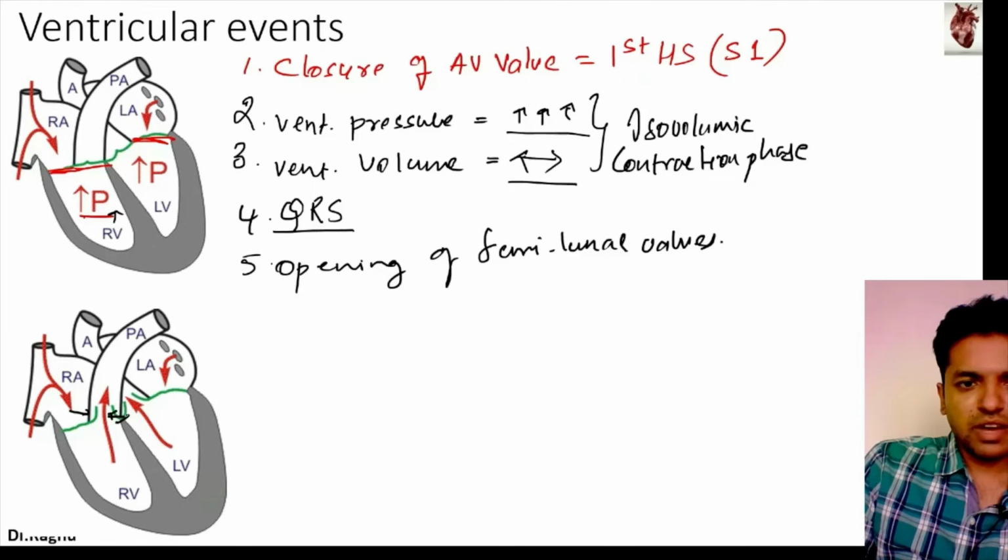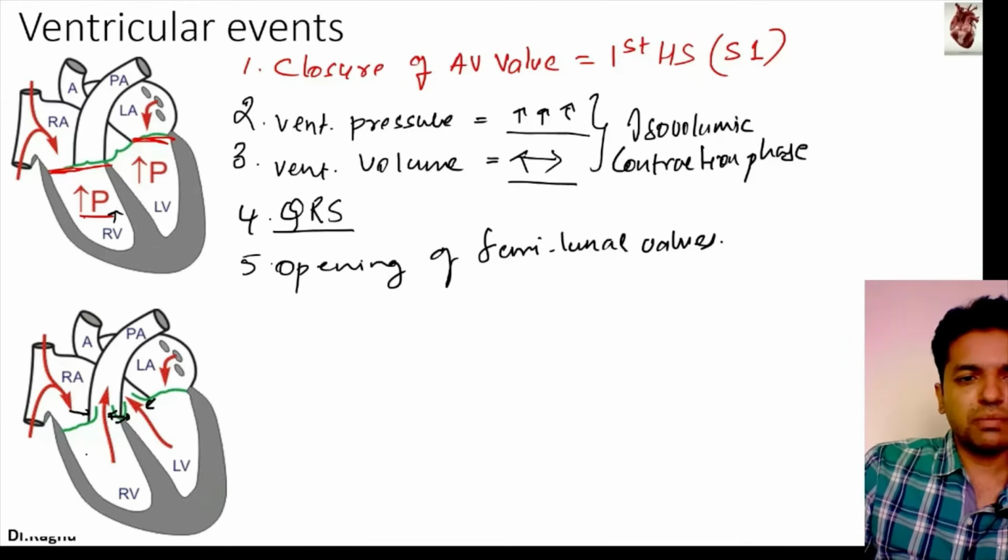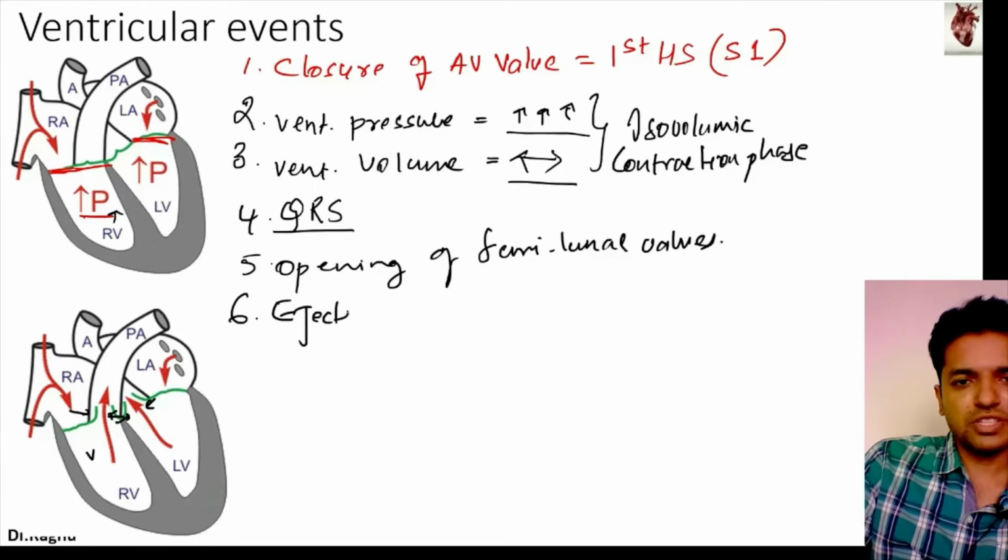Opening of the semilunar valves causes ejection of the blood from the ventricles into these big vessels. So the next phase which occurs in the ventricular systole is a phase of ejection.